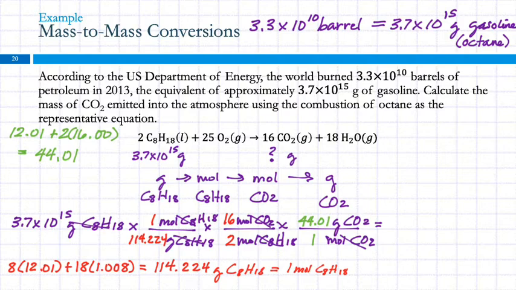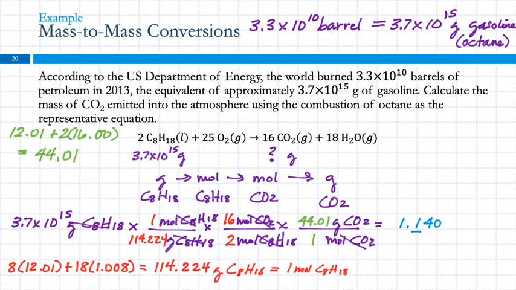3.7 EE15 times 1 divided by 114.224 times 16 divided by 2 times 44.01 equals. So we already decided this should have 2 significant figures, so there's my 2 significant figures.